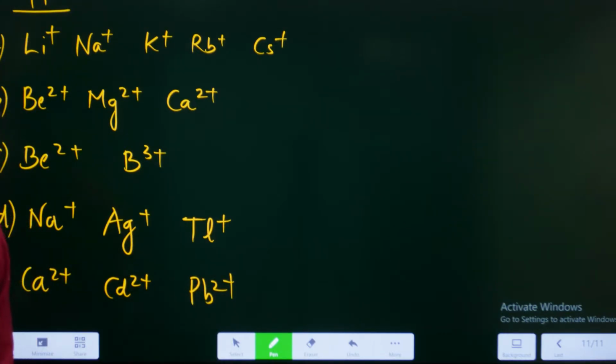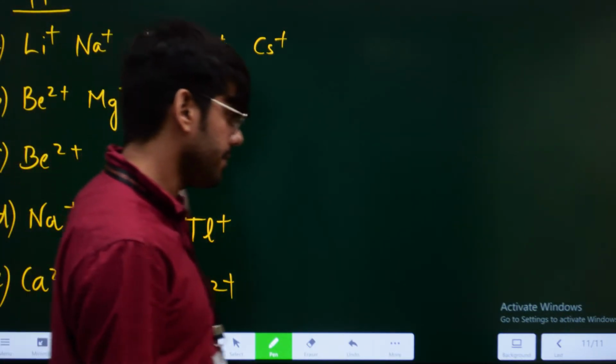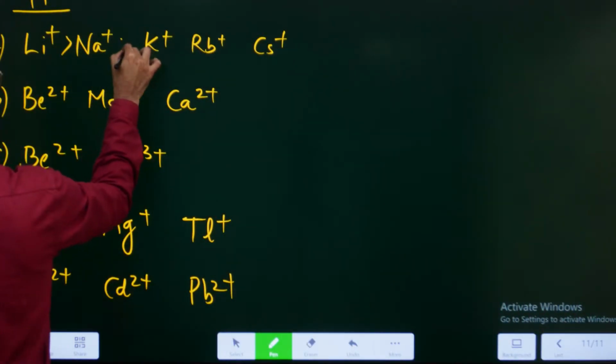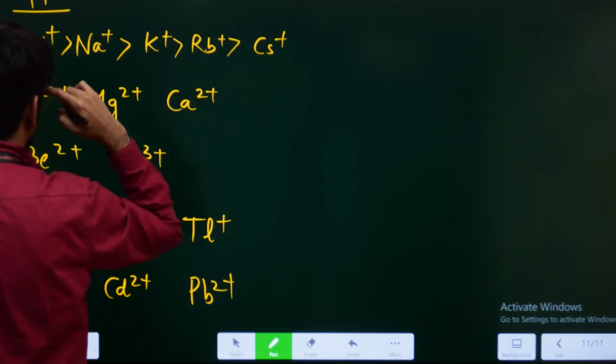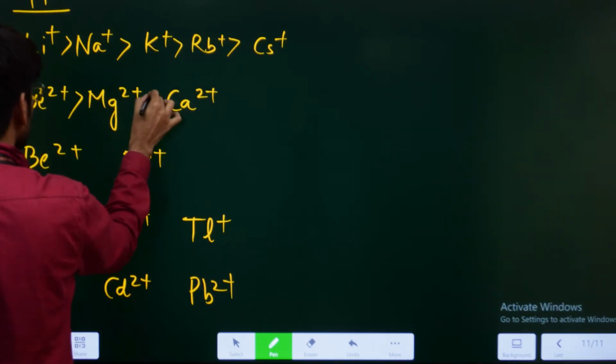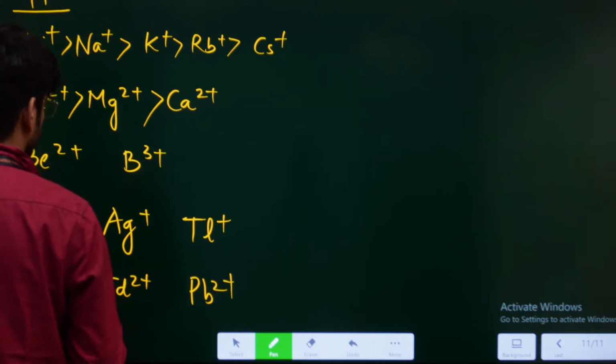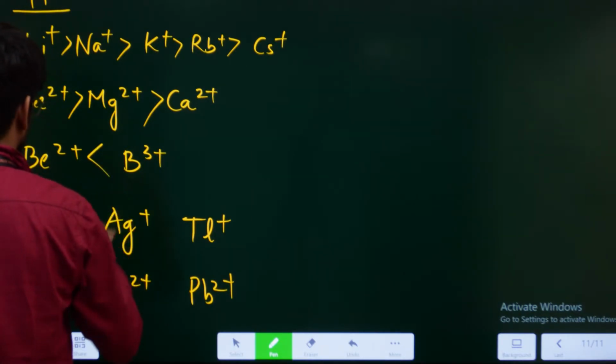Fine, first lithium will have the maximum, then sodium, then potassium, then rubidium, then cesium. Alright, and the second one? The same? The third one? Then B3 positive. Okay, the fourth one?